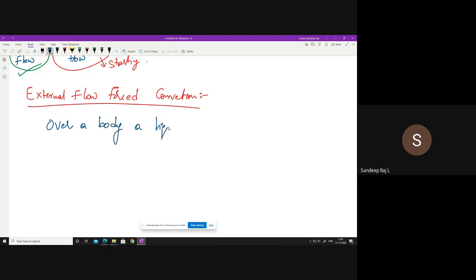a liquid. Better to say fluid. It need not be liquid, it can be gas also. So I'll say fluid. Over a body, a fluid will flow over. Okay. The body can be anything. The body can be a flat plate.